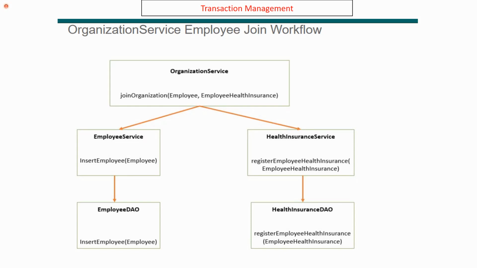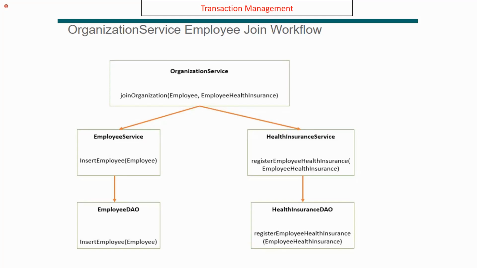Let me repeat what the required annotation is. Now I'll ignore the example I gave for a sarcastic purpose. What is the real technical meaning of a required annotation? In a typical situation, I have three services: organization service, employee service, as well as insurance service.